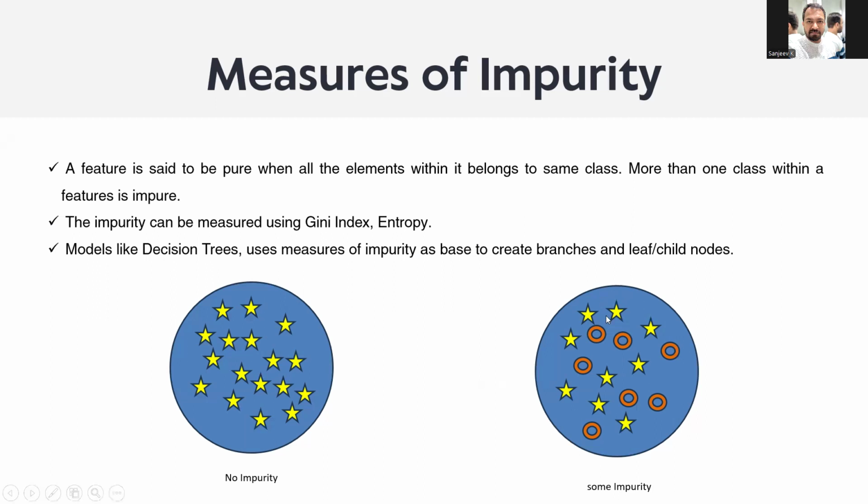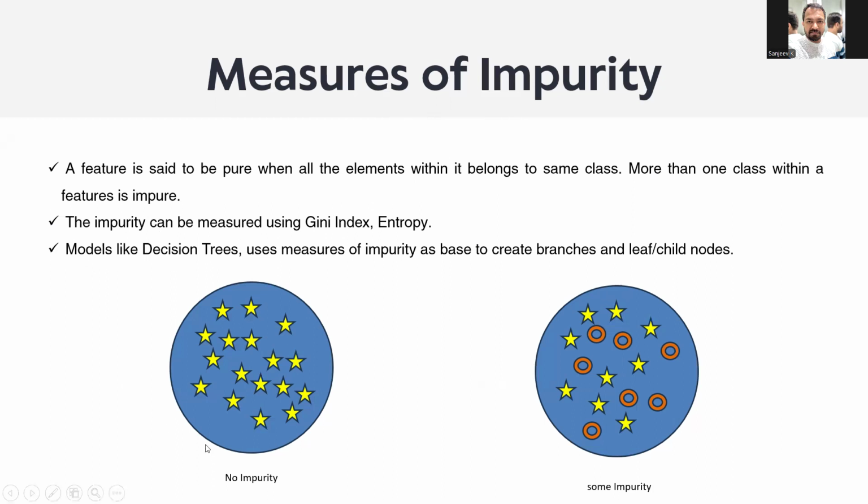In order to do that, what a decision tree does is measure the impurity by doing some calculations based on Gini index and entropy. Gini index and entropy are a way to see how much impurity is present in that feature.